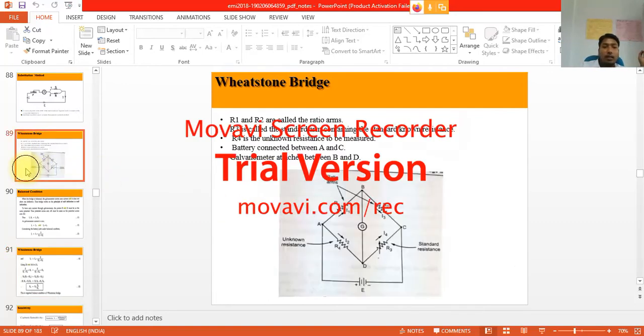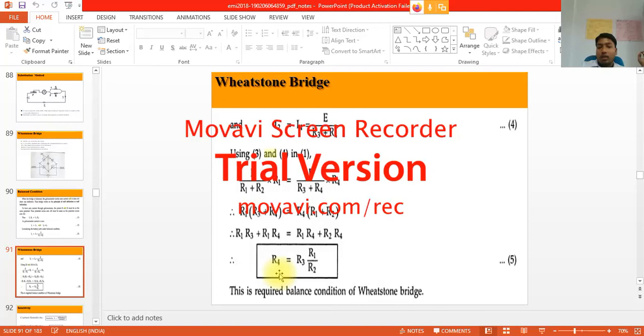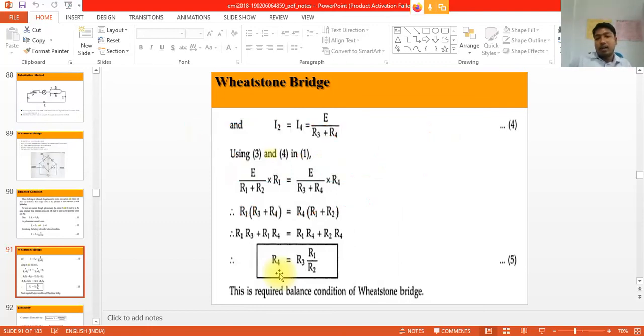It means the ratio of these resistances in balance condition will be equal to the ratio of those resistances. Understood? So the condition under balance is R4 equals R3 into R1 upon R2. This is the required balance condition of the Wheatstone bridge.